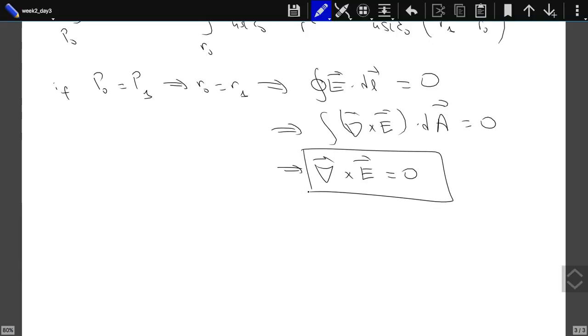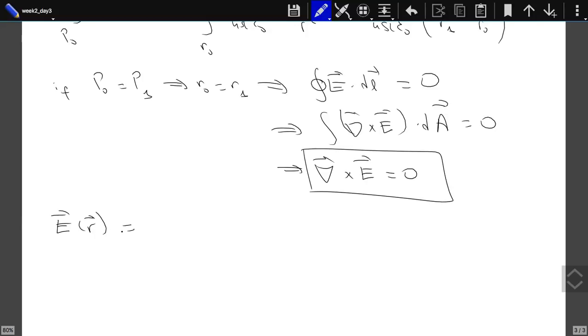So we had already studied the divergence. Now we know that its curl is also 0. Well, let's do it in a more straightforward manner. This is one way of seeing that the curl of the electric field is 0. But we also can derive it in a different way.